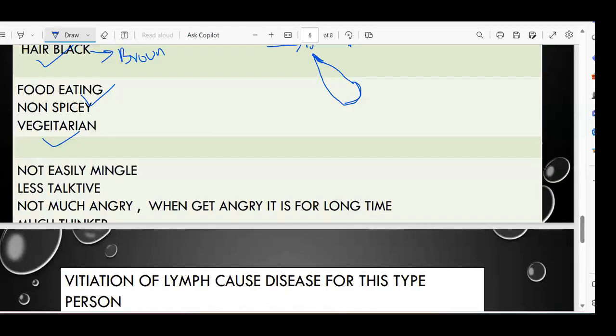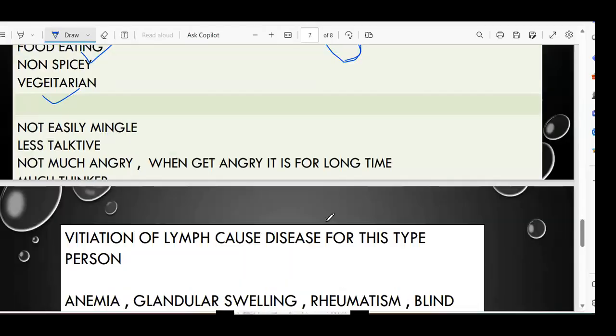He will not mingle easily, he will not mix with others. He's an introvert, and he will not talk much. He will not get angry much, but if he gets more angry, his anger is for a longer duration.